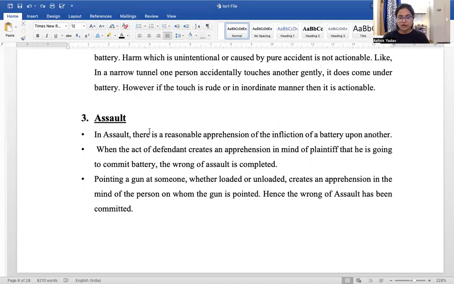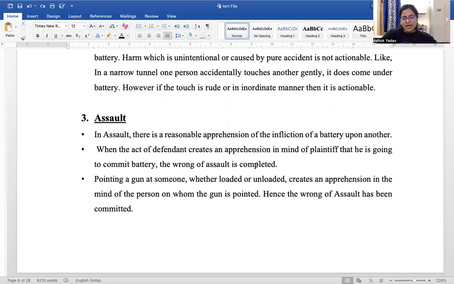Right? Now let's read what is assault. In assault, there is a reasonable apprehension. So this is the word. Reasonable apprehension is there in assault of the infliction of a battery upon another. When the act of defendant creates an apprehension in the mind of plaintiff that he is going to commit battery, the wrong of assault is committed.